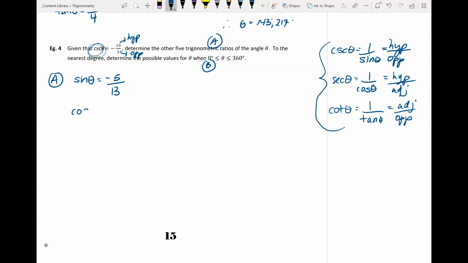Now to find cos, we need to find the adjacent. So if I'm thinking about just some angle here, and I already know the opposite is 5, the hypotenuse is 13, I do want to find that missing side to get the adjacent side. If you solve for this, we can use Pythagoras.